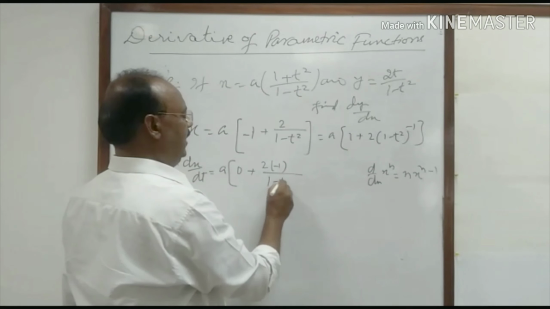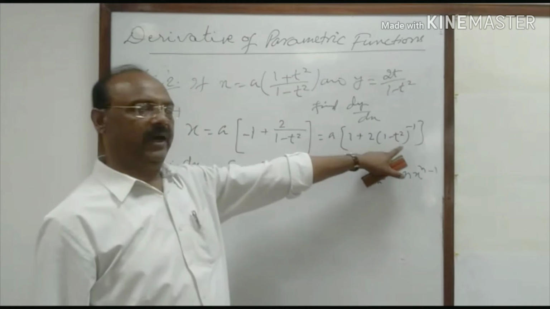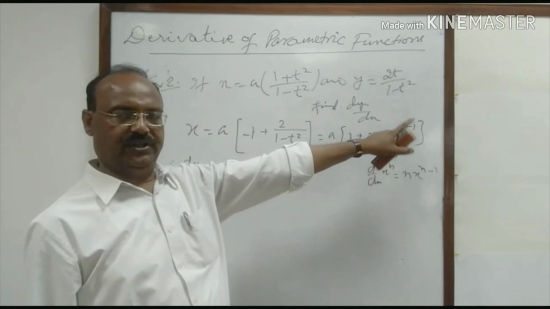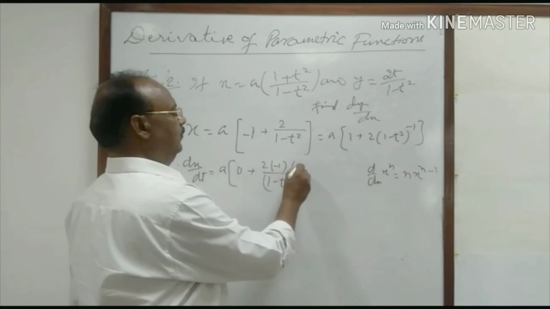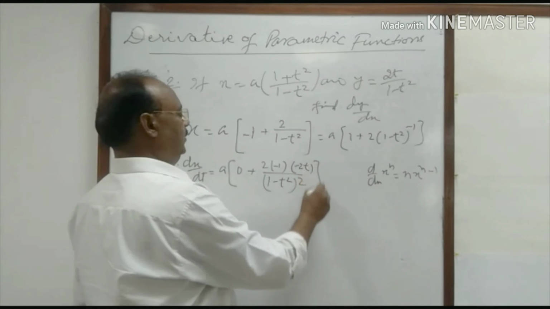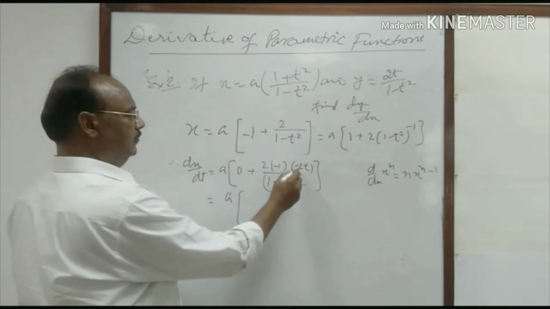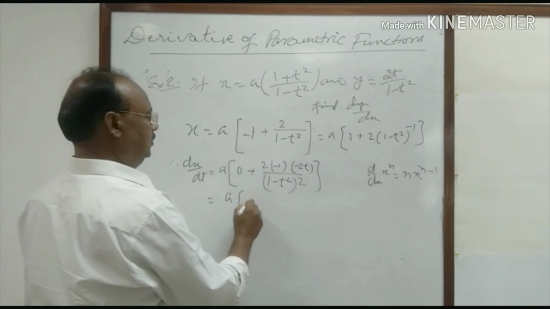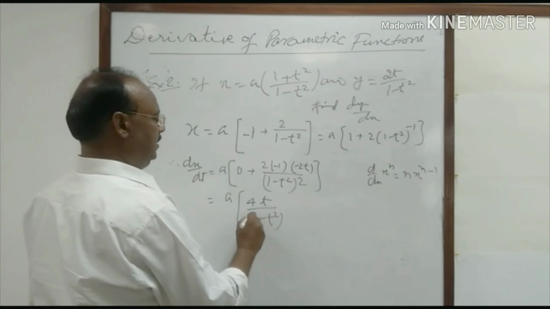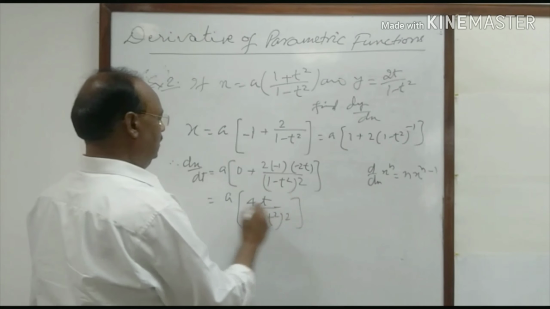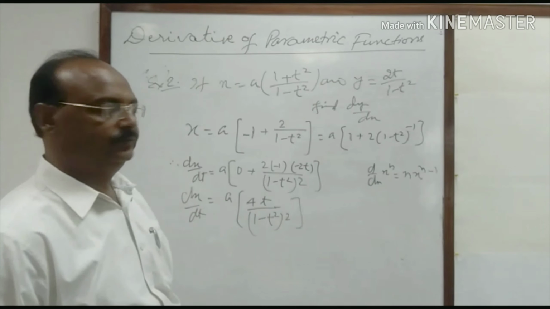So we can write (1 minus t square) whole square in the denominator, and again minus t square will be differentiated with respect to t, so that will be minus 2t. This is equal to a times 4t upon (1 minus t square) whole square. This is the value for dx by dt.